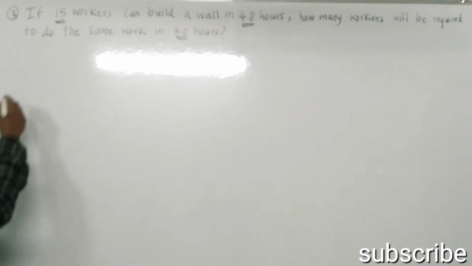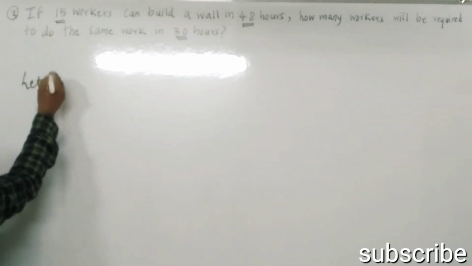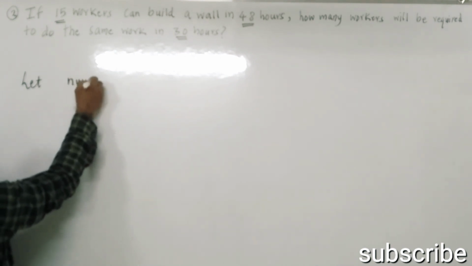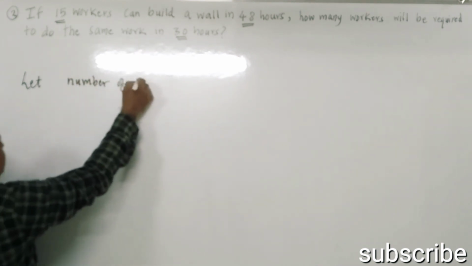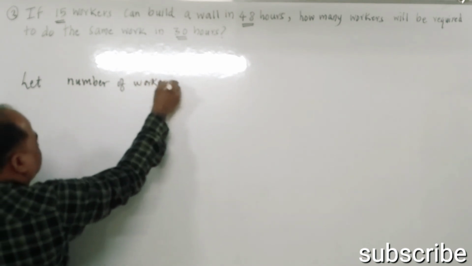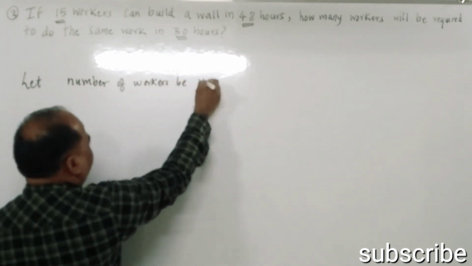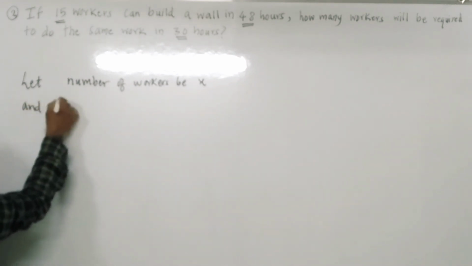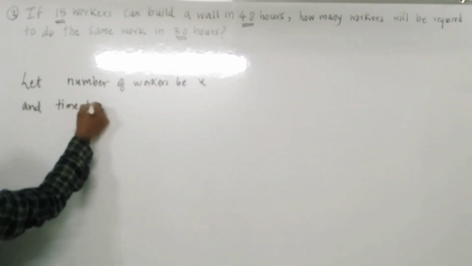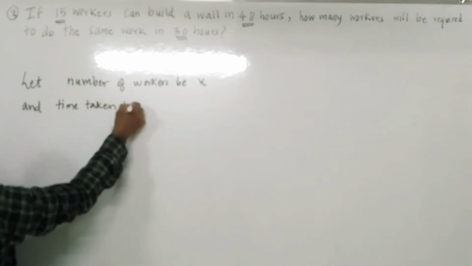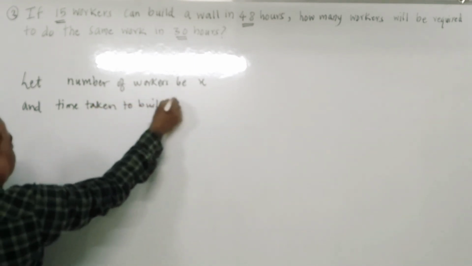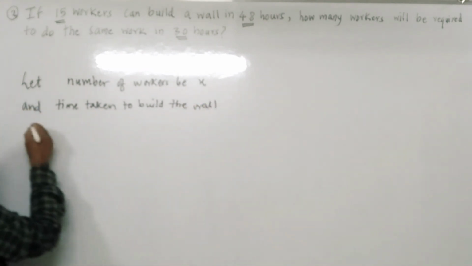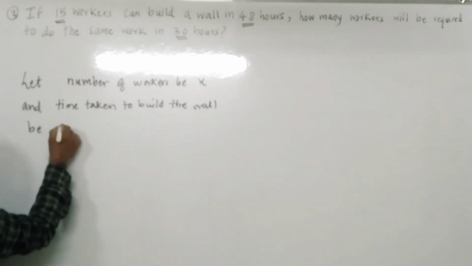Let the number of workers be x and the time taken to build the wall be y.